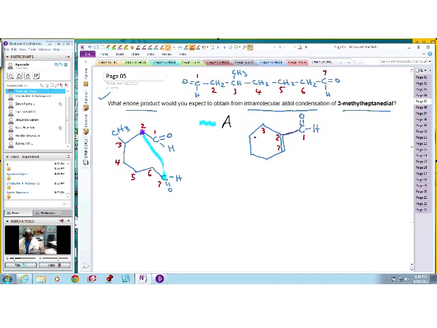That means this is carbon 4, this is 5, and then this is 6, which was attached to carbon number 7. So on carbon number 3, you must have a methyl group. So that is a possible product.